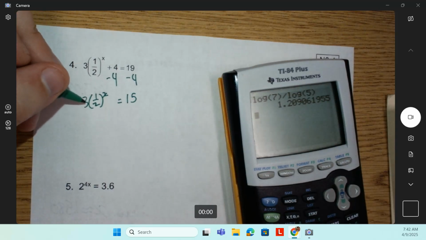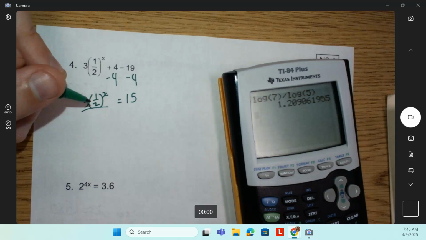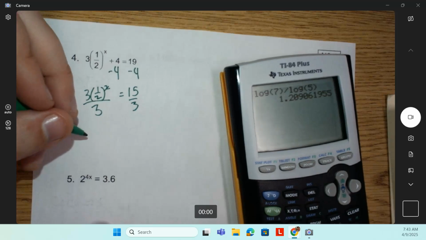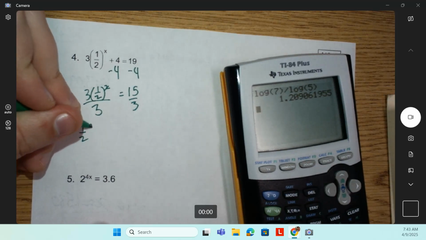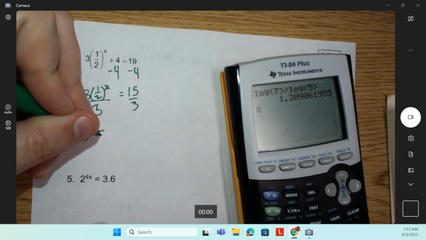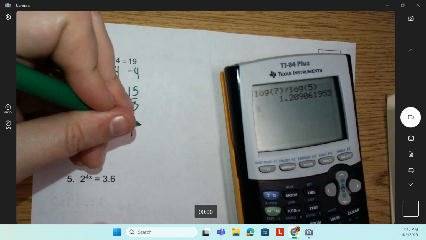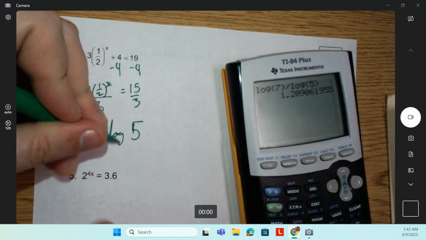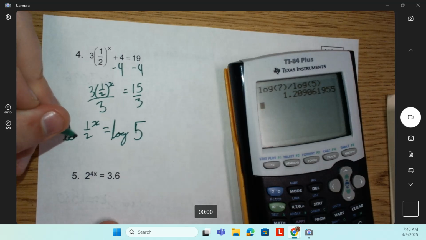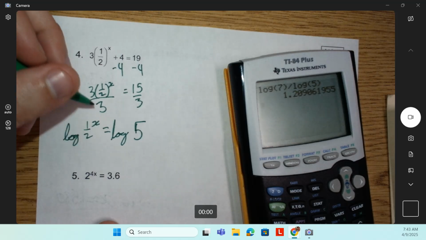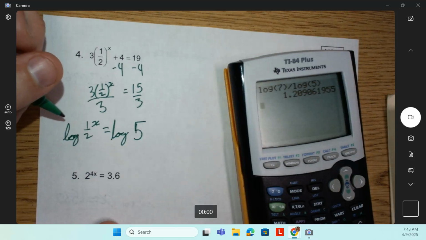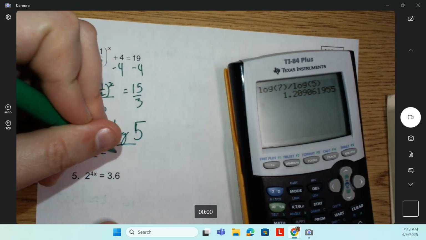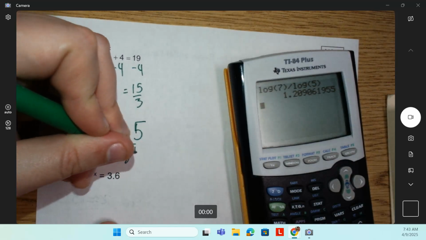Now remember, I can't leave this 3 with it. I'm going to need to divide this by 3 in order to get 1/2 to the x equals 5. And so that would be log 5 and log of 1/2 to the x power. So x is going to equal log 5 divided by the log of 1/2.